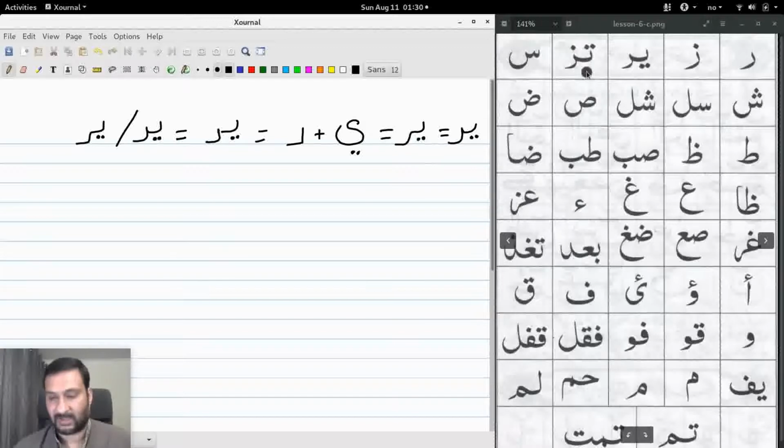Then is Ta Za. So let's write Ta. These two dots are together, so this is Ta and this is Za. To an untrained eye, this might look like a noon or a part of noon, but noon in this form only appears at the beginning of the word, not at the end.